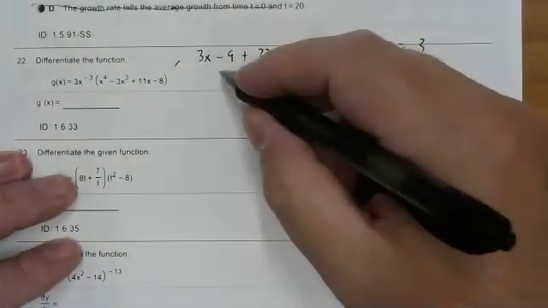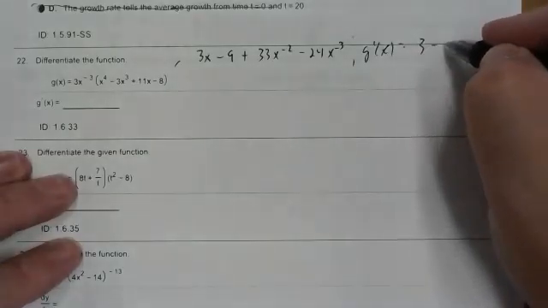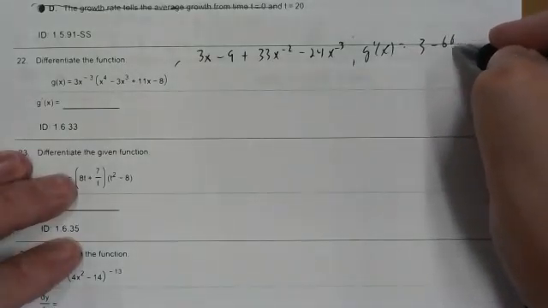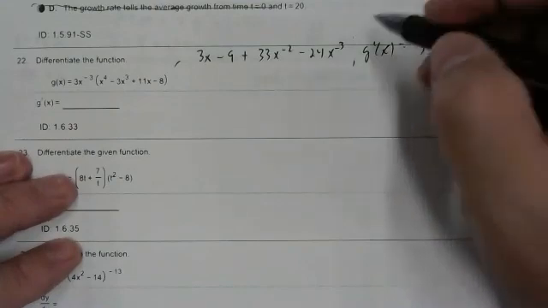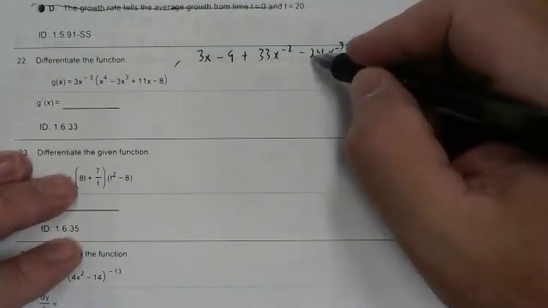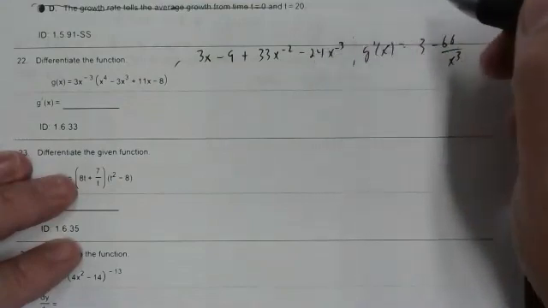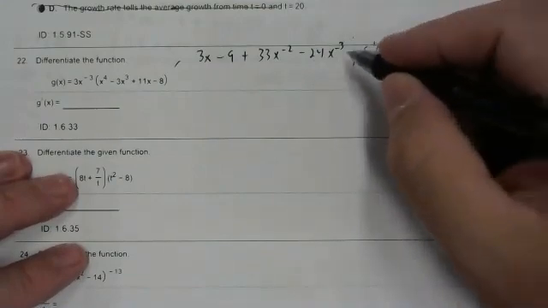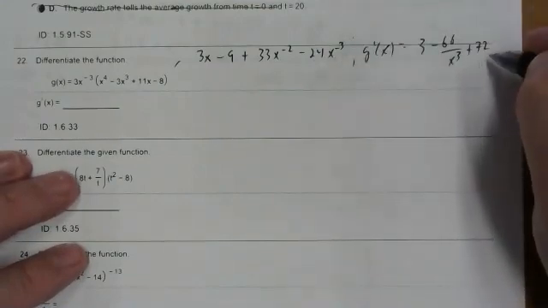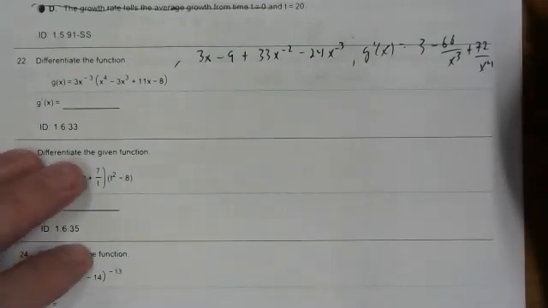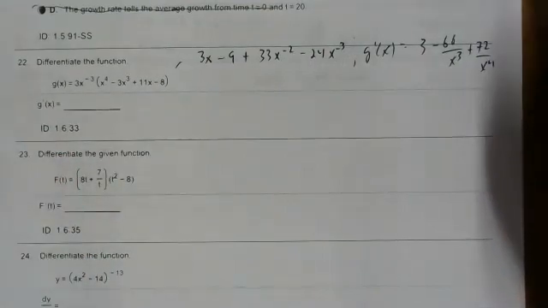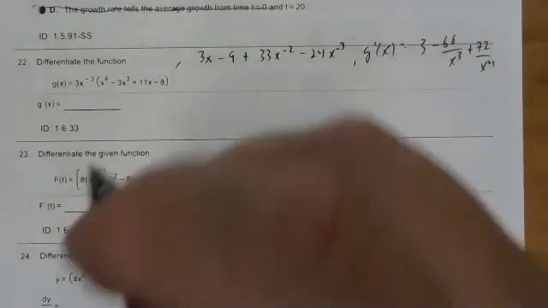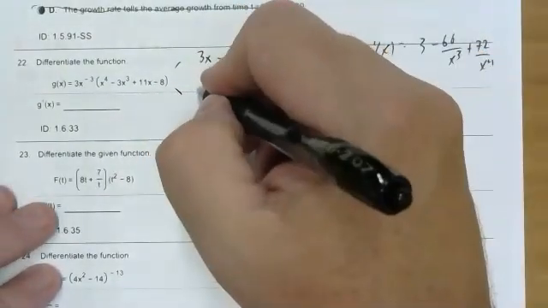It's going to be 3 minus 66 over x cubed. So negative 24 times negative 3, I think it's going to be plus 72 over x to the fourth. There's a good chance I might have messed up, but maybe not. Actually, that's correct.